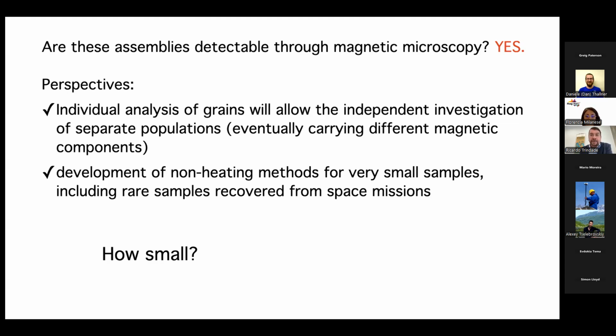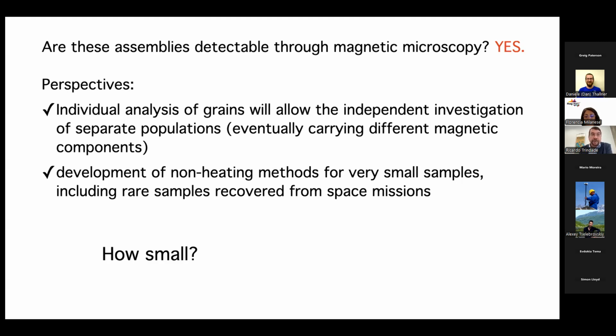Something important to talk about now is how small, how big is this sample? How many grains do we need to provide an average of the magnetic field? In a paper in 2017, Berndt and co-authors suggested that we need millions of particles to provide a statistically robust orientation.